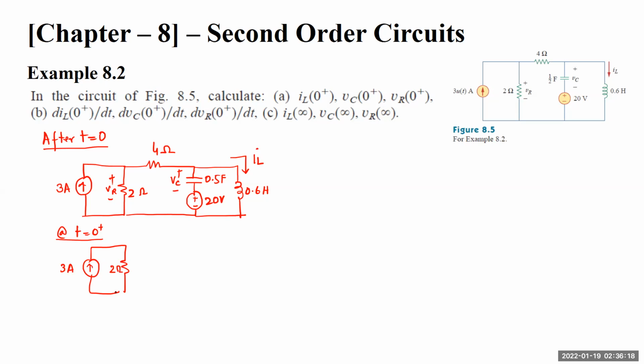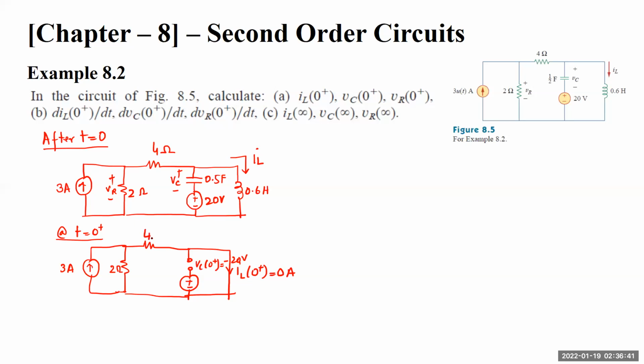This is 2 ohms. This is 4 ohms. This is open circuit, and this is short circuit at 0. There is no current flowing. This is VC(0⁺), again minus 20 volts.